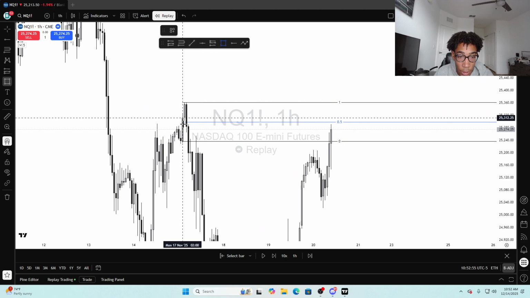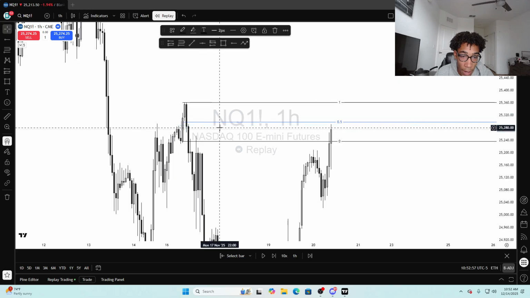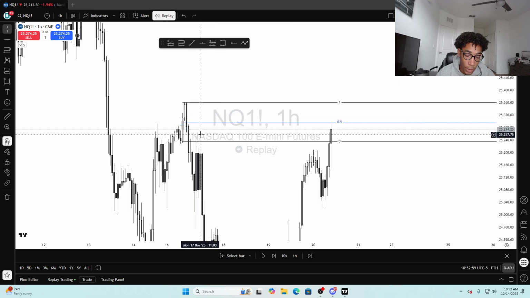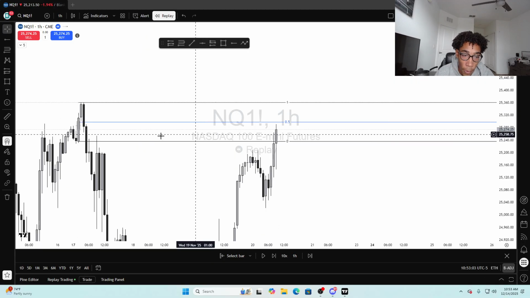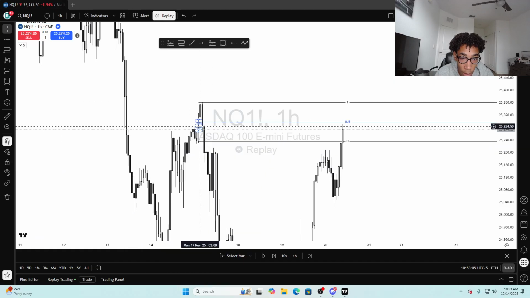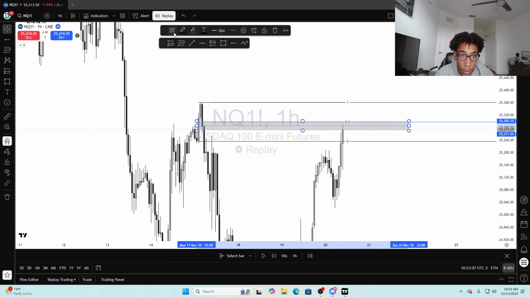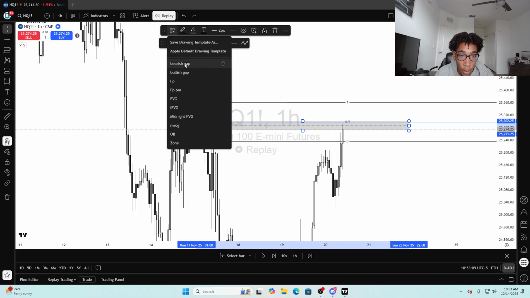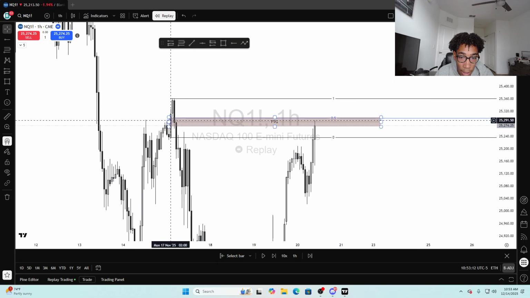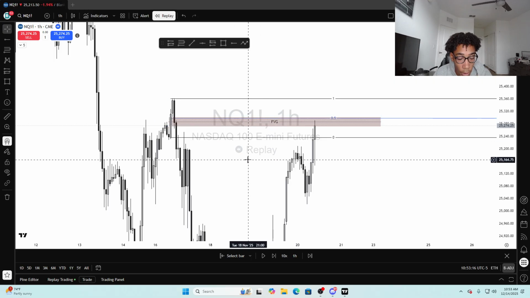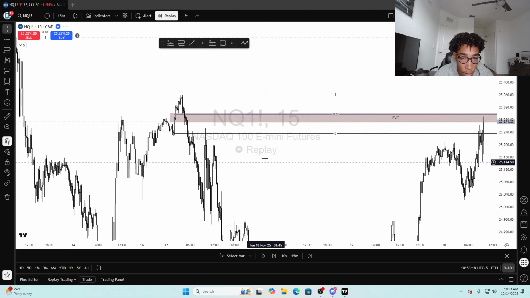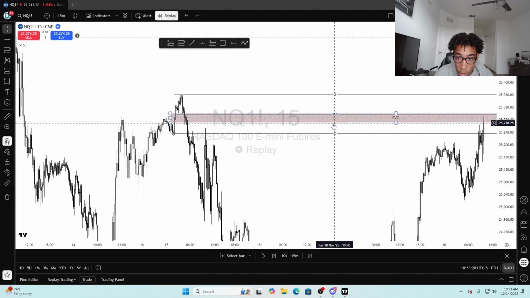Another part that makes a rejection block valid is if you have a PD array sitting inside that rejection block. So we have a 4-hour rejection block, but on the 1 hour, right, we have an IFEG. So that makes a rejection block stacked with an IFEG and obviously the rejection block itself. And then maybe on the 15-minute, there's another IFEG right here.